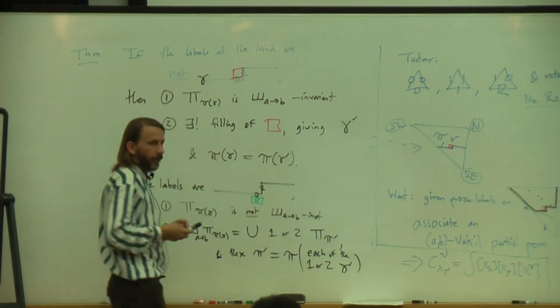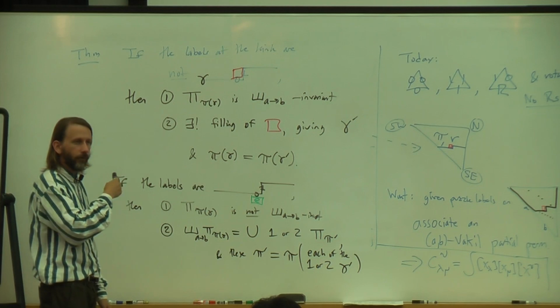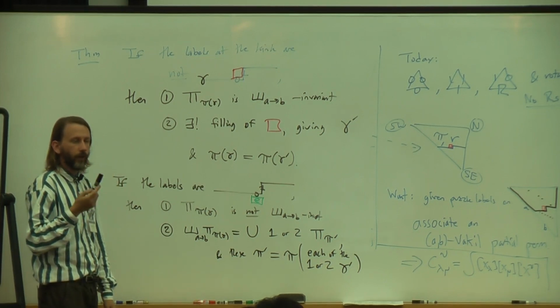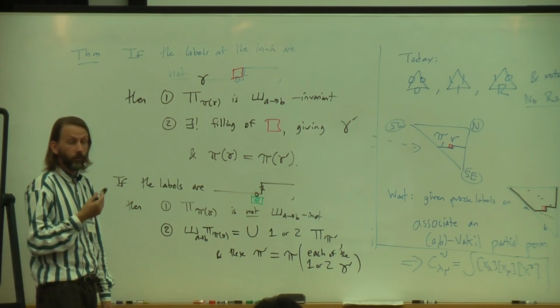And so this is really the end of the statement that says filling in puzzles corresponds to shifting this Richardson variety until it breaks up into opposite Schubert varieties.